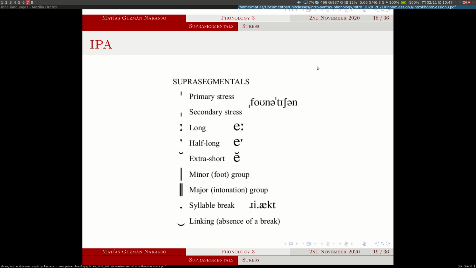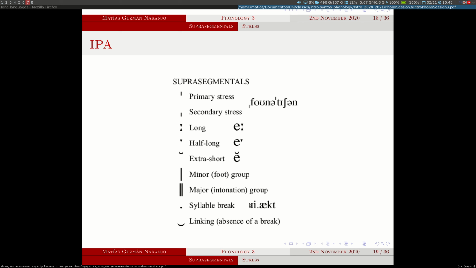Okay, these are the suprasegmentals in IPA. You add the stress marks. So, for example, here in "phonation", you have the primary stress mark on the /ne/ and the secondary stress mark on the /fo/. You have other diacritics, things like length, half length, extra short vowels.